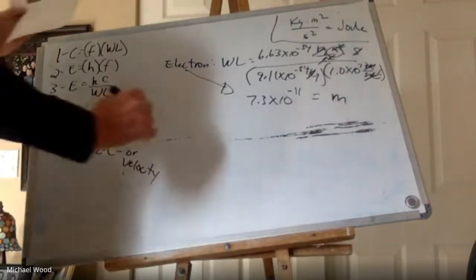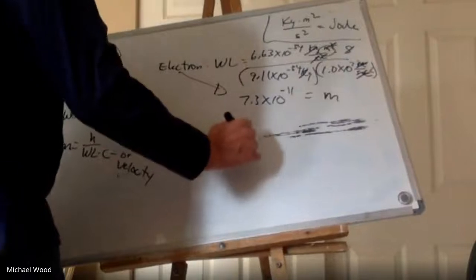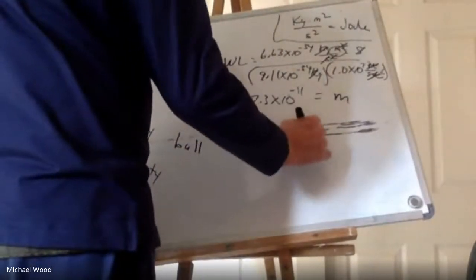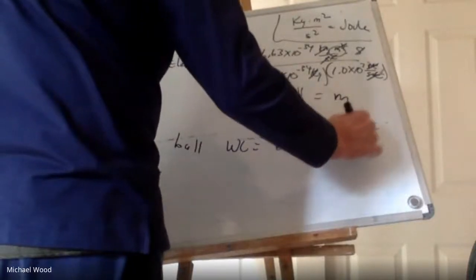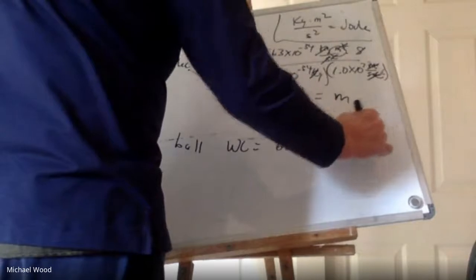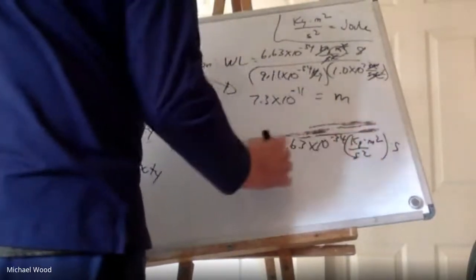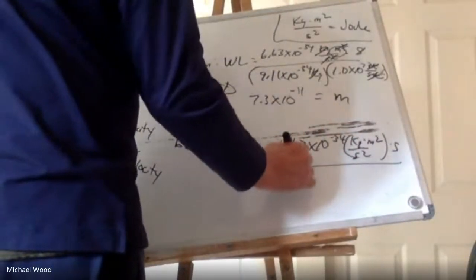That's really small. Well, let's compare that then to a ball. So again, the wavelength is 6.63 times 10 to the negative 34th. And again, it's kilogram, meters squared, seconds squared, times seconds, because that was part of Planck's constant, over 0.10 kilograms.